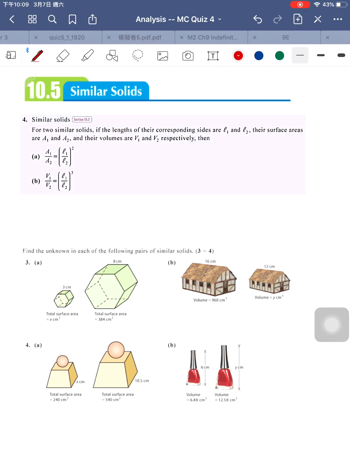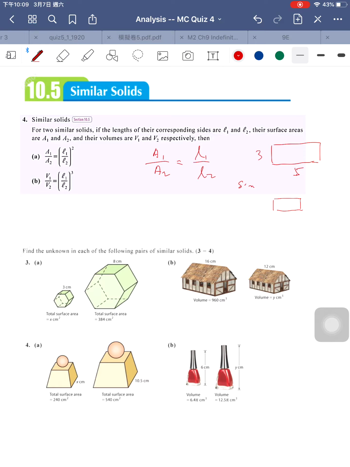There are two formulas. One, you have learned in Form 3: A1 over A2 equals L1 over L2. For example, you have a rectangle which is 3 by 5, and another one which is similar to this one.